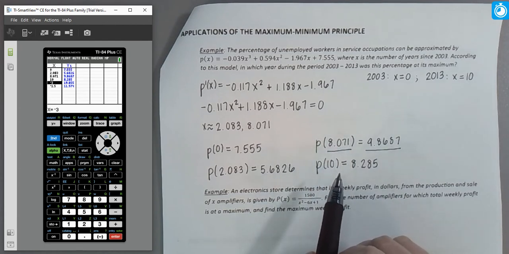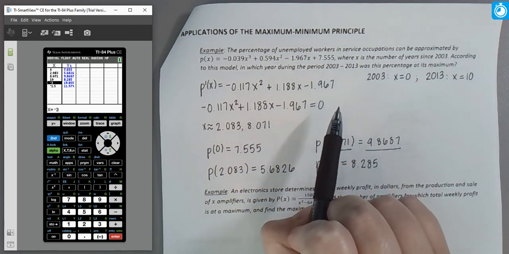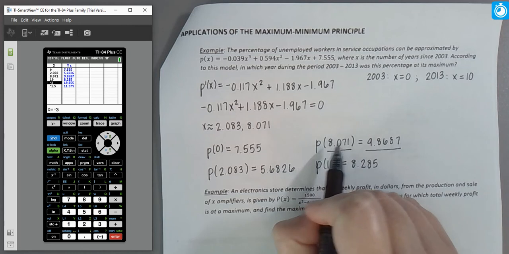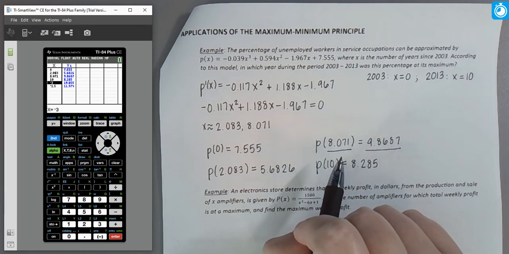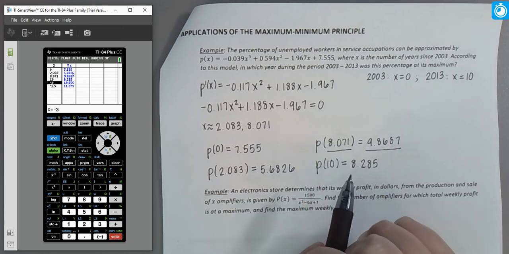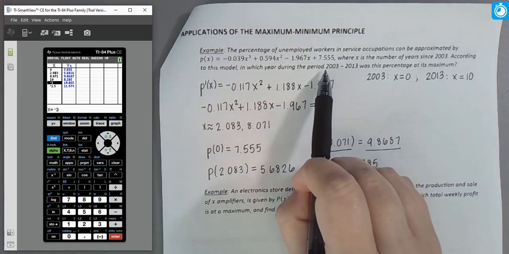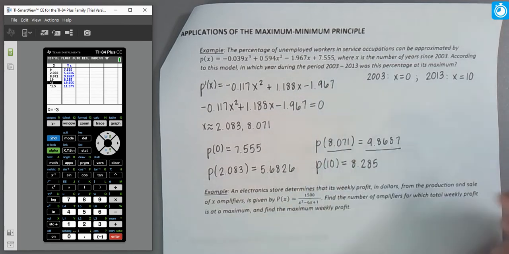Remember what our x value represents, though. It represents the number of years that have elapsed since 2003. So this is roughly 8. It's a little bit more than 8 years, but if we're talking about just being inside of a year, it's within the same year that we reach after 8 years. So in other words, we reach our maximum 8 years after 2003.